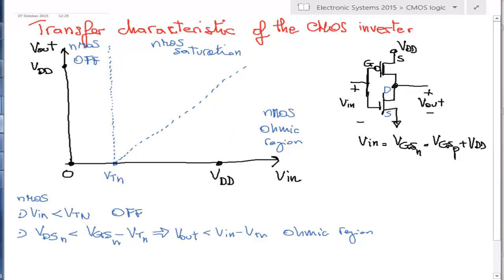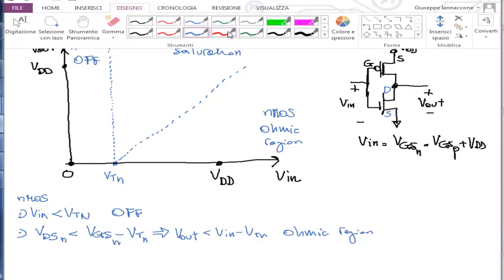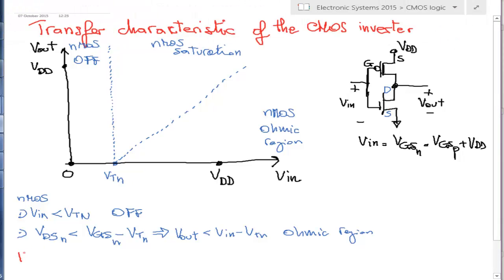Then we can look at the PMOS. I change color so that we do not make too much confusion. We do the same thing. We try to partition the quadrant for the PMOS, right? Again, off state. Of course, the off state is if VGS-P is larger than VTP. In this case, VTP is negative. VGS-P, you see here, is Vin minus VDD.